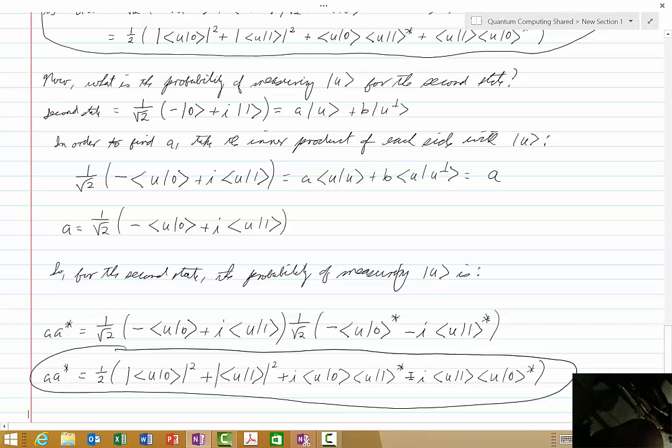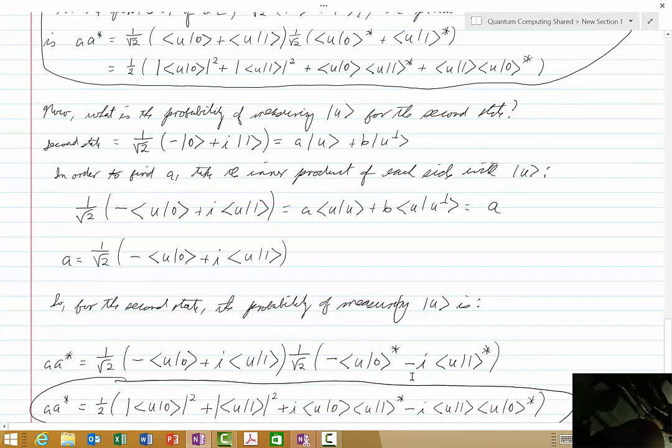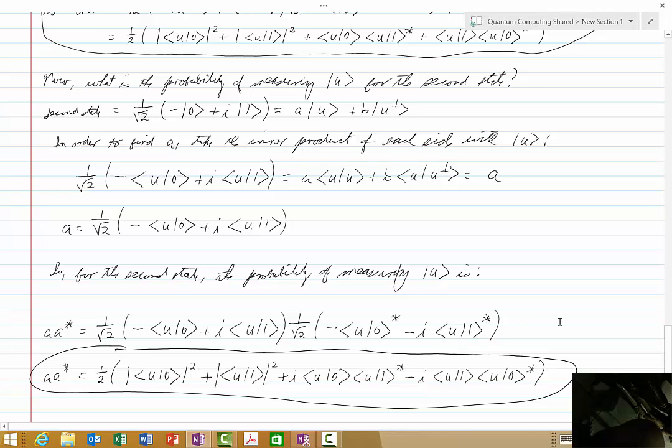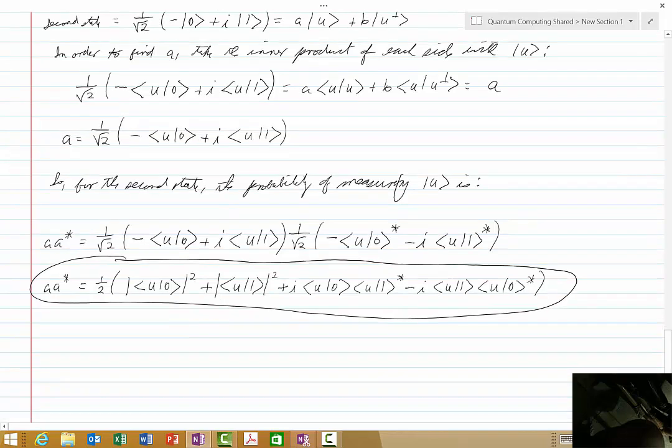And we want those, once again, now remember that A times A star, or A times the complex conjugate of A, that's the probability of measuring the state U. And we want that to be different for the first state and the second state in this problem. So let's now look at those. Let's summarize this and see what choice of U will work.